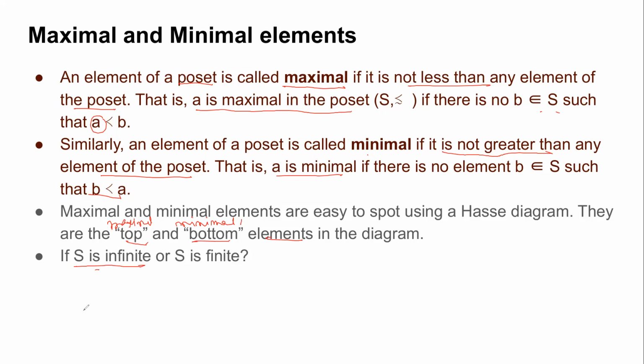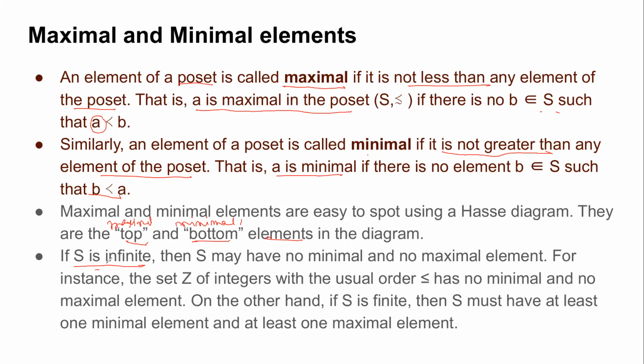Suppose the set S on which this poset is defined is an infinite set, which is possible, right? I can define a poset on this. So in general, S may have no minimal or maximal element. It is possible only if you take subsets of it.